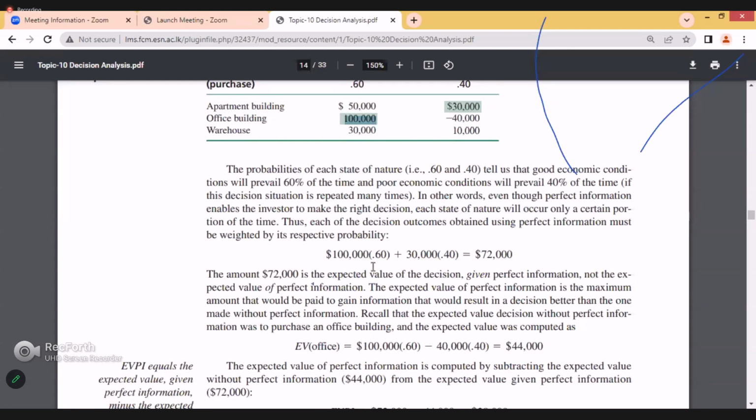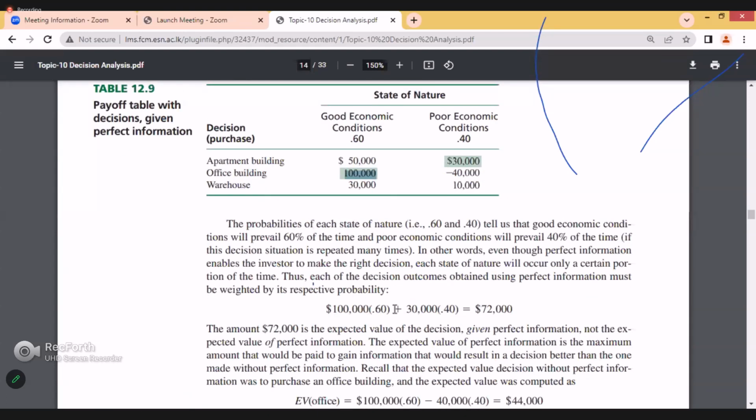So the probability is also given, 0.6. So 1 lakh has to be multiplied by 0.6. Under the poor economic condition, 30,000 has to be multiplied, and by adding, you can get 72,000. So this amount, 72,000, is the expected value in the perfect conditions.